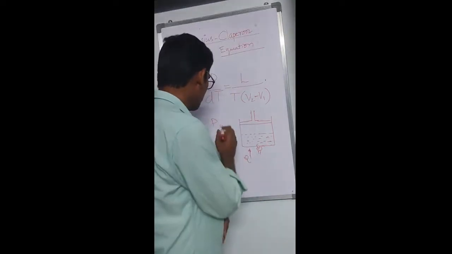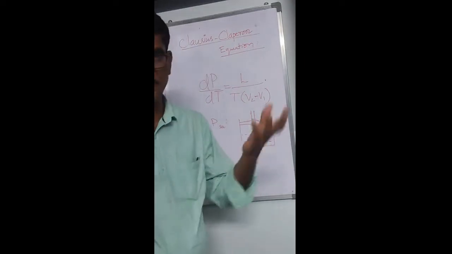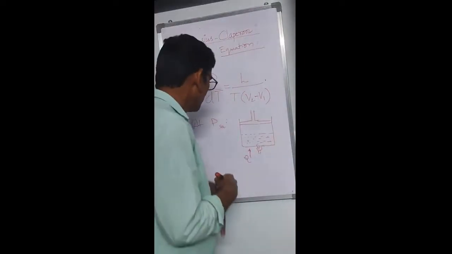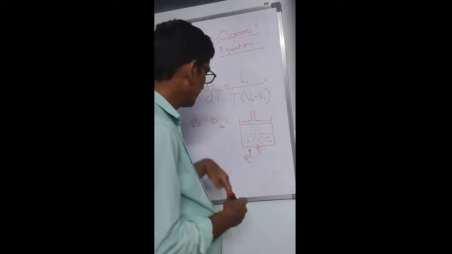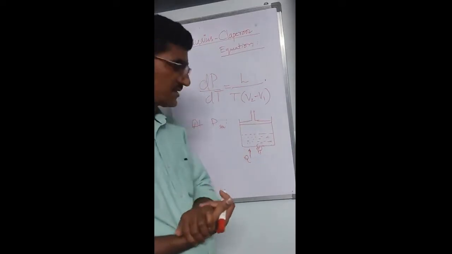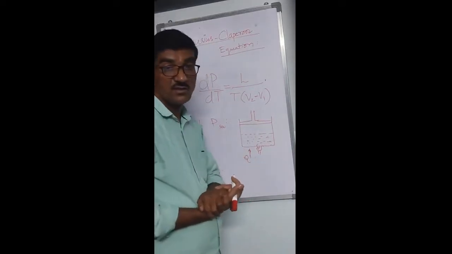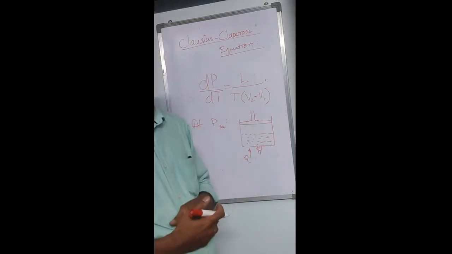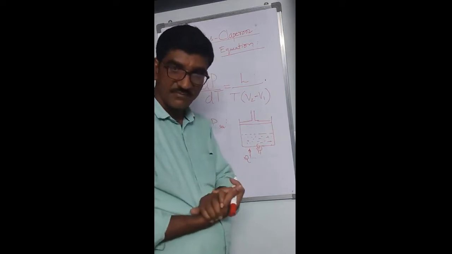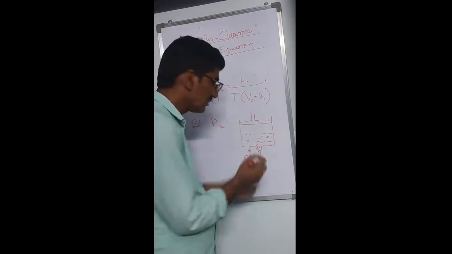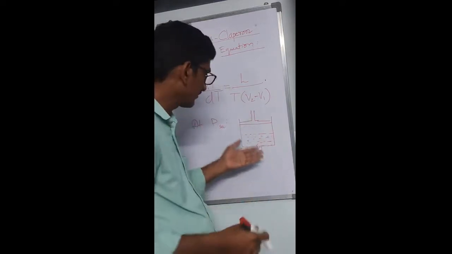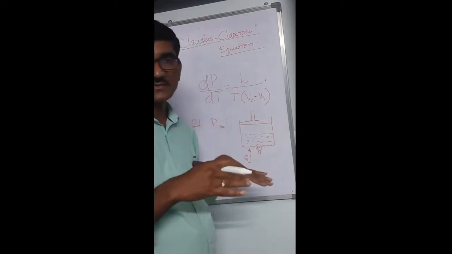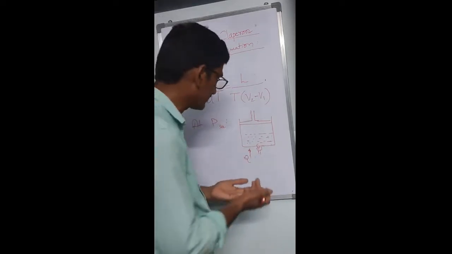You are performing this thermodynamical process of heating in a liquid, specifically water. What happens as you go on heating? Generally, in case of water, the water transforms into vapor.